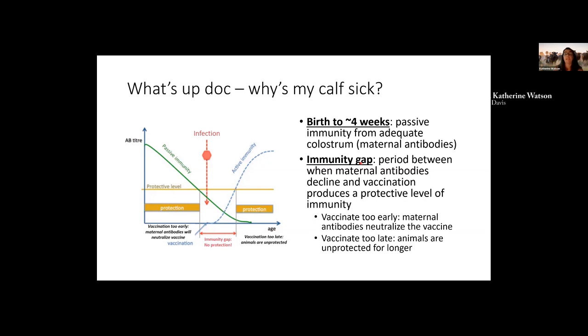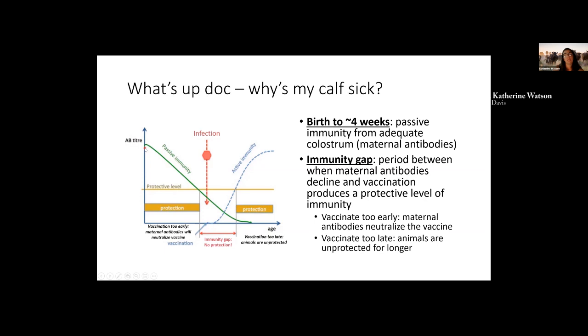That contains antibodies that help protect that calf until their own immune system can pick up and start actively producing their own antibodies. So you can see in this chart, these would be the antibodies that the calf received from the mom in the colostrum.